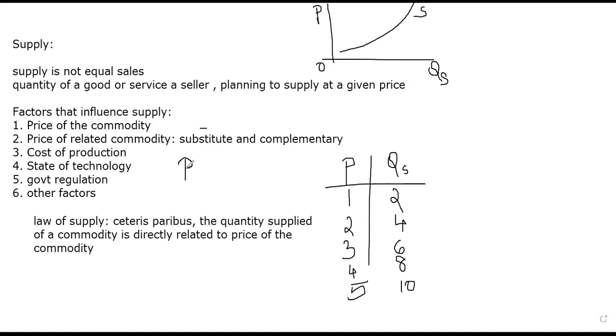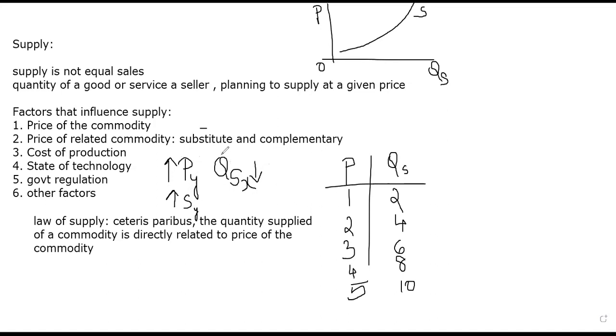That is, price of Y and quantity supplied of X are negatively related. If price of Y is higher, the seller would be happy to supply more of Y and he will cut down the sales or supply of X.